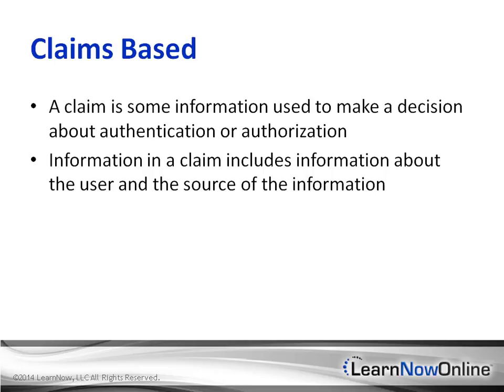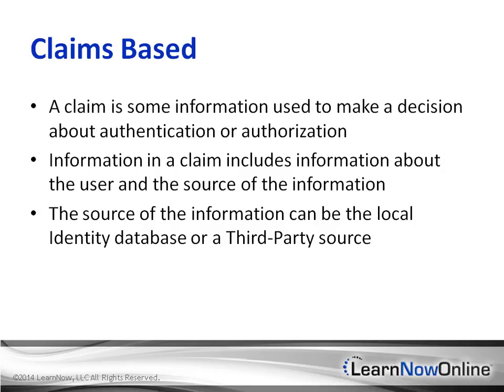So for example, in a claims-based system, I could log in using Google's platform. And so the claim that I would be presented with would be some information about me, the user who logged in, as well as the fact that that information comes from Google's platform, or comes from Facebook or Twitter or what have you. The source of that information could be the local identity database or a third-party source.